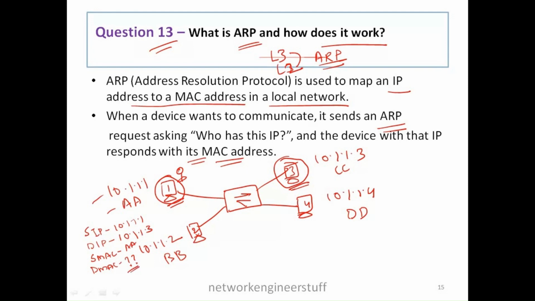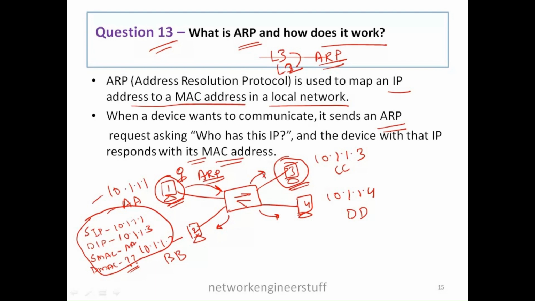So PC1 will send an ARP, and this ARP will consist of all this information. This will be a broadcast message basically. Once the switch receives this, it will forward it on all its ports.